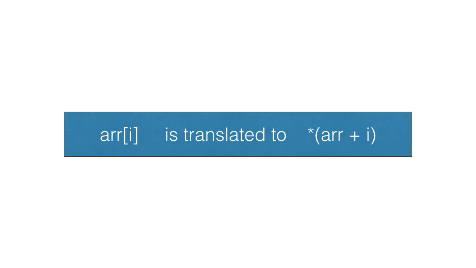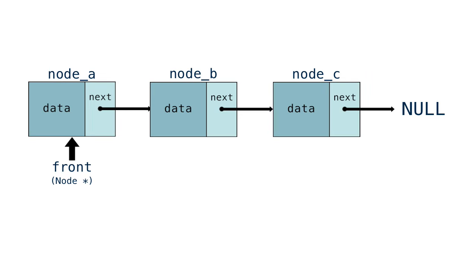For that matter, we can't even access arbitrary positions in the list without starting at the front and following a trail of next pointers. That's called traversing the list. In our diagram, node A is the beginning, or the head of our list. It's the node that front refers to.